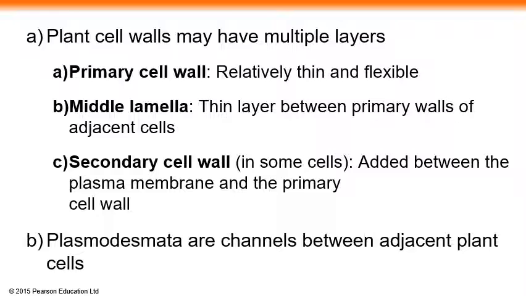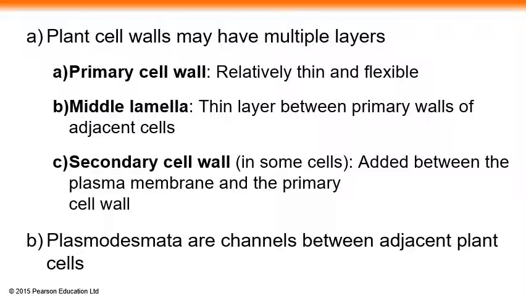And then we have the secondary cell wall. Some cells develop a secondary cell wall. After they produce the primary cell wall, some plant cells can produce a secondary one.